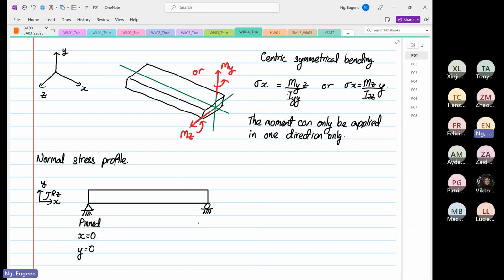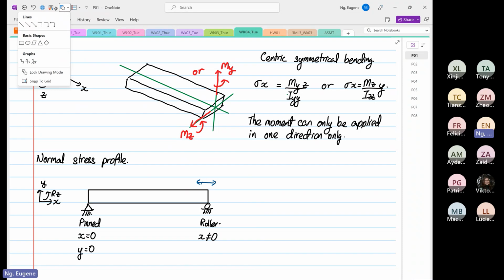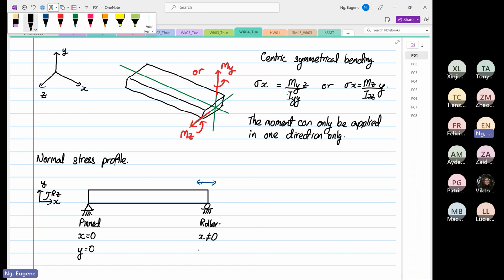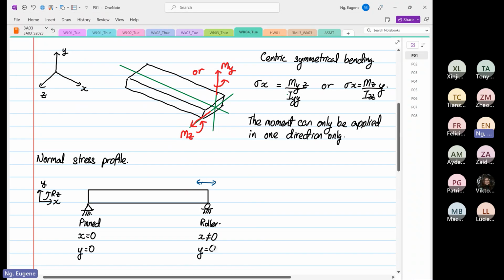When you have a roller, x is not equal to 0 because the structure can move left and right. There's no restriction. However, it cannot move up and down, so for this case, y is equal to 0.